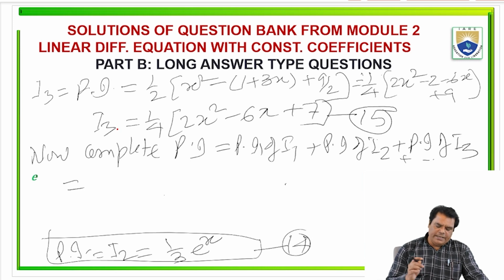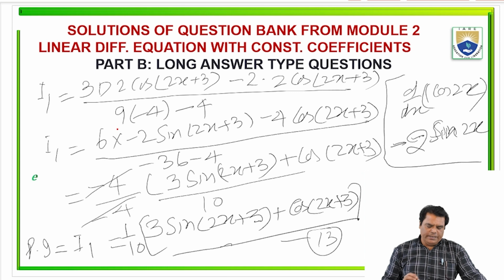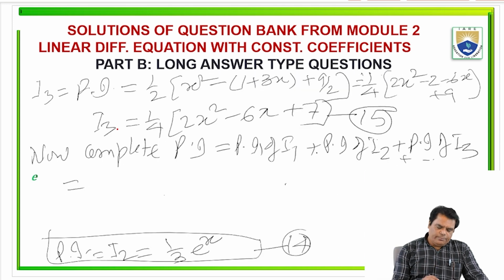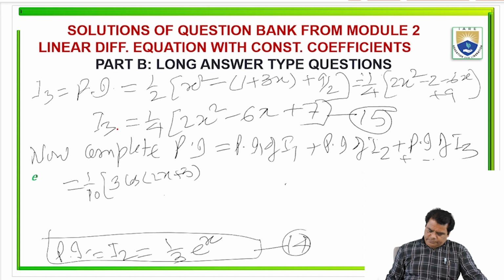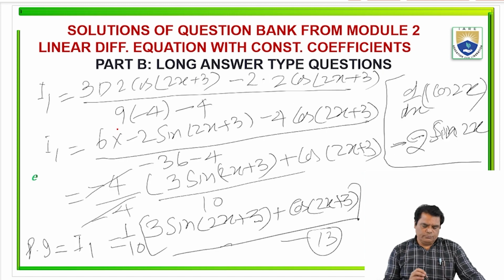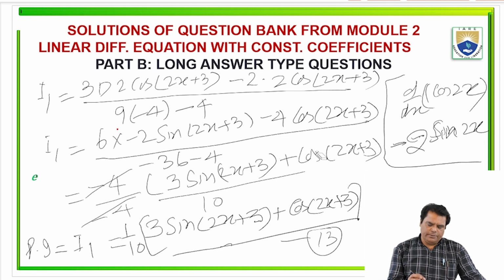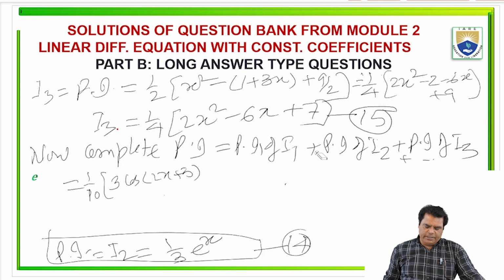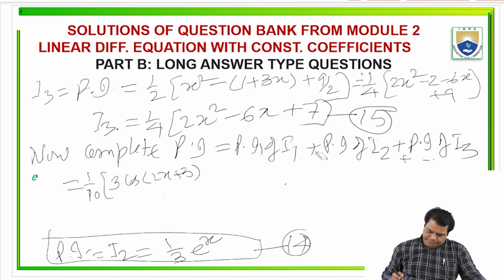So now PI of I1 is this: 1 upon 10, in bracket 3 cos 2x plus 3, minus, this is minus common, and plus here 1 upon 10 sine.